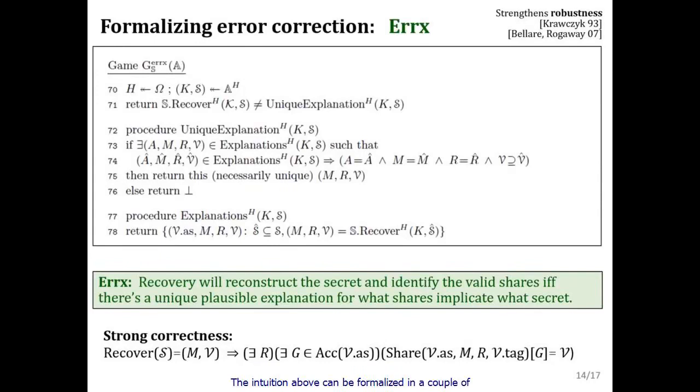The intuition above can be formalized in a couple of different ways, either based on looking at the scheme's sharing algorithm or looking at its recovery algorithm. The two approaches turn out to be equivalent. This slide shows the recovery-based approach. Our definition implies robustness in cases where robustness is possible.